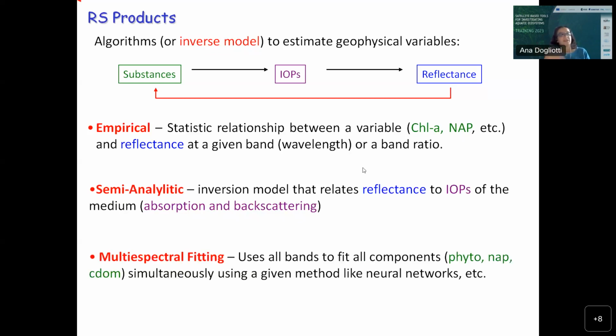Finally, there is another type of product which uses multispectral fitting, using all the bands, all the spectra, to fit all the components, with different statistical methods like neural networks and so on.